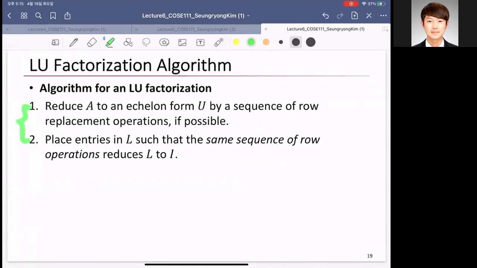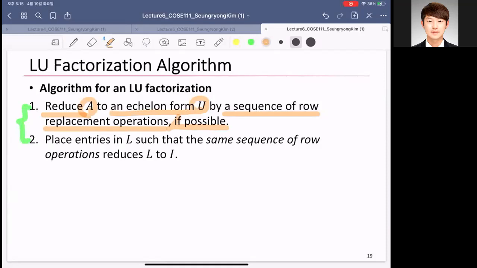It's very simple. First of all, reduce matrix A to the echelon form U by a sequence of row replacement operations, if possible.